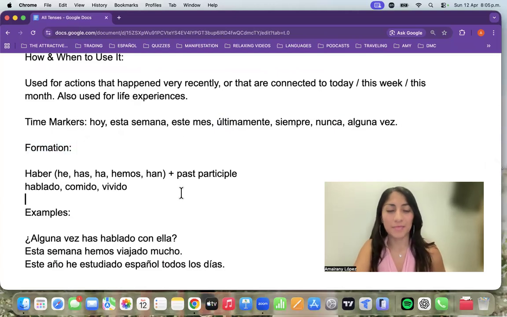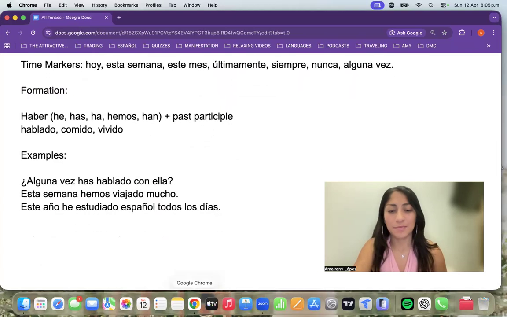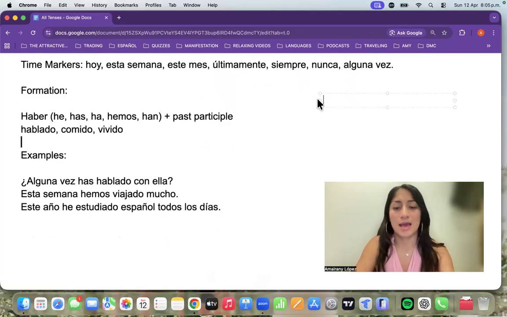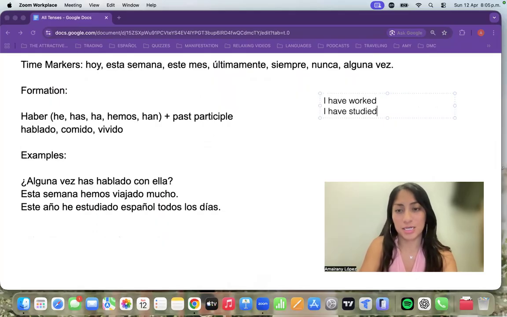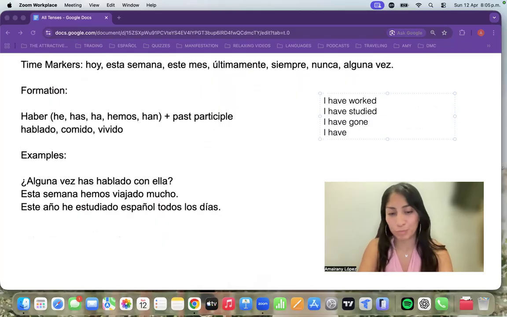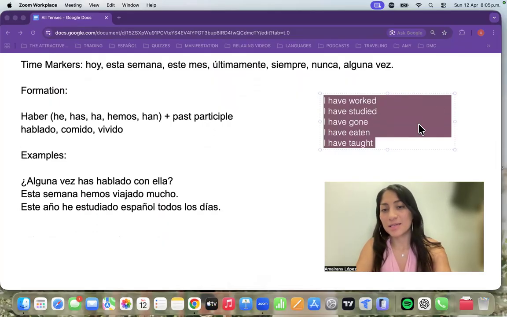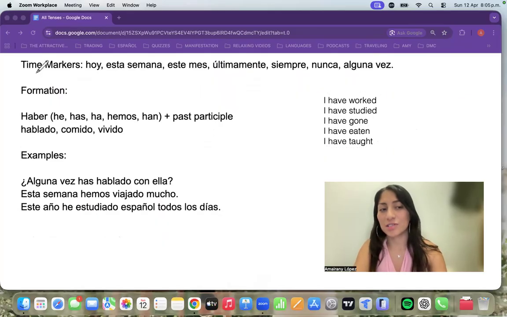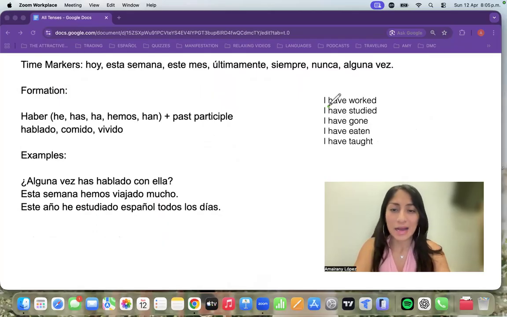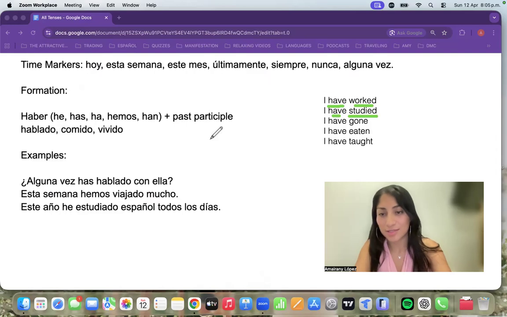Now, the formation. There are two elements to this. So, for example, if I say, I have worked, I have studied, I have gone, I have eaten, I have thought, right? All of this is the same as Spanish, meaning that we have two verbs that will work together to create this tense.